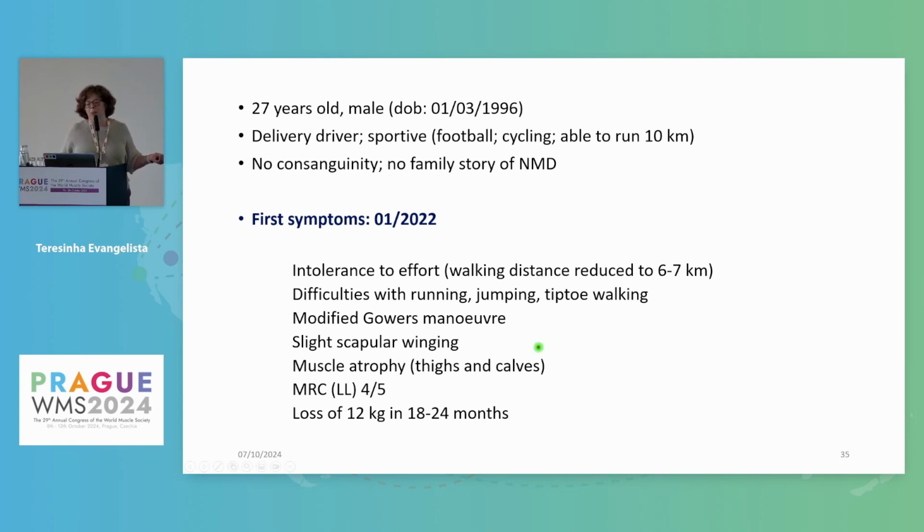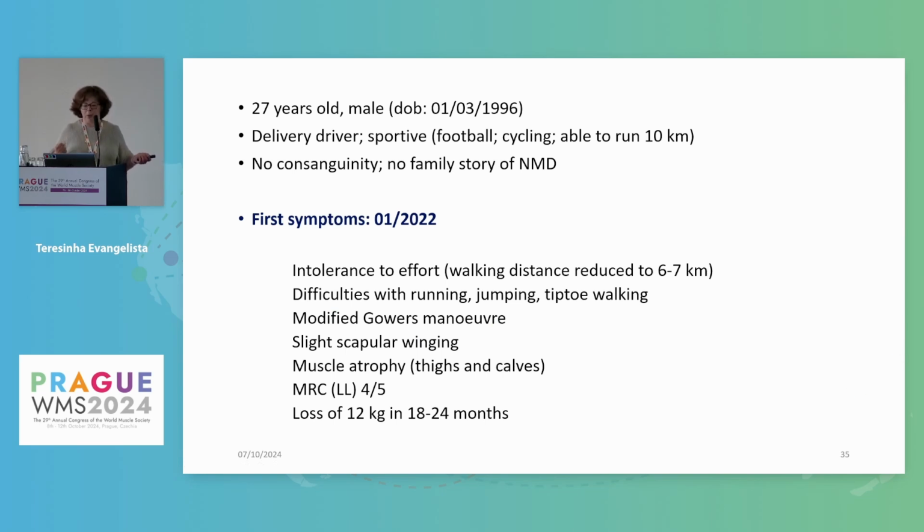This is a fun one. It's a guy, 27 years, that was sent to me as inflammatory myopathy. He had lost 12 kilos in 24 months. He was very slim. He couldn't run, jump, or tiptoe walking. He had a modified Gowers maneuver, slight scapular winging, and he had an intolerance to the effort.